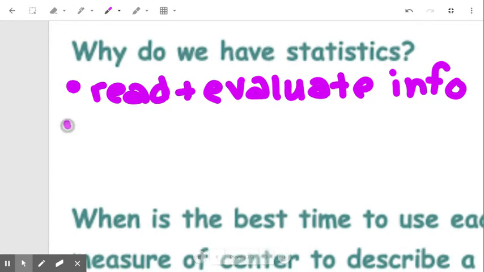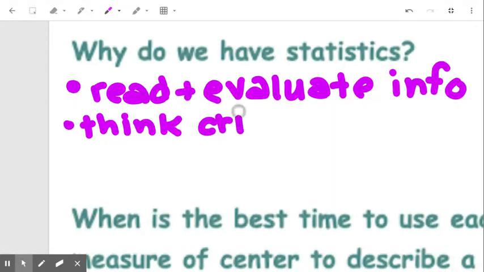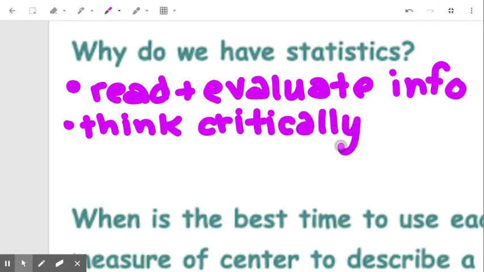You also will use that to think critically about what is actually being presented to you and how does that affect you, or does it at all? And then lastly, I think this is probably the biggest and most important thing, and it all goes together: we want you to be an informed consumer.